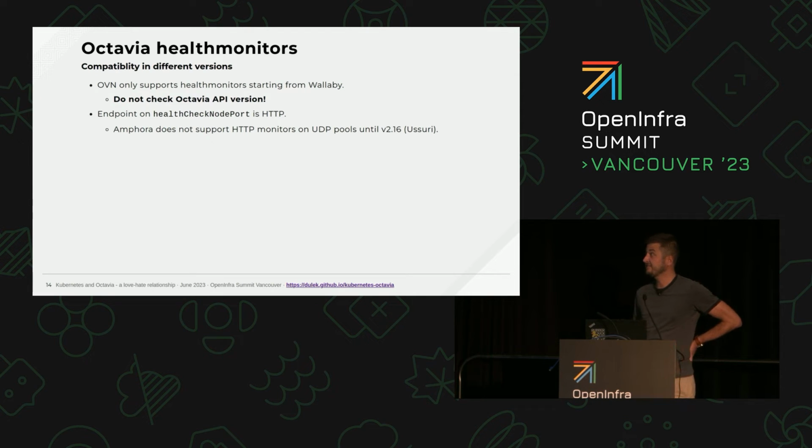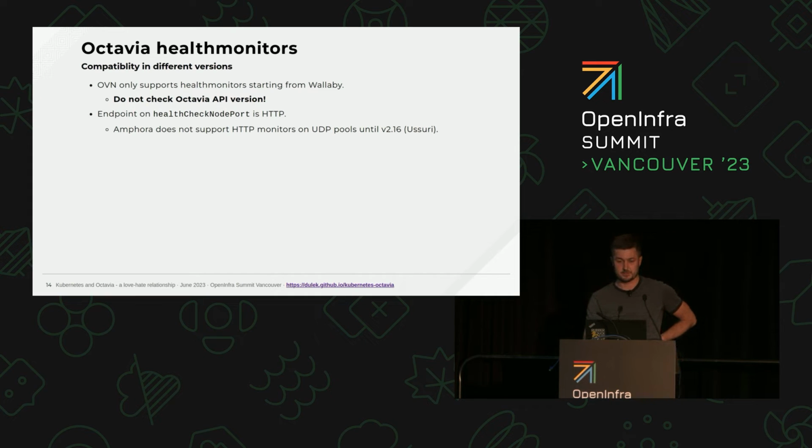Another problem is that, as I've told you, the endpoint on the health check node port is an HTTP endpoint. And interestingly, Amphora does not support HTTP monitors on the UDP pools until API version 2.16, which is usually a release. And OVN does not support HTTP monitors at all.